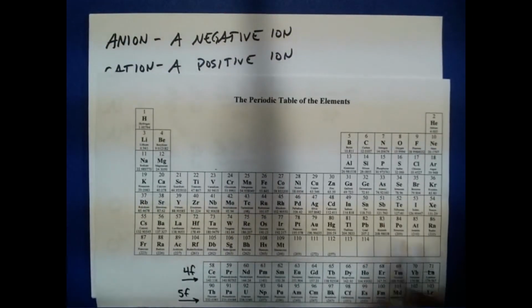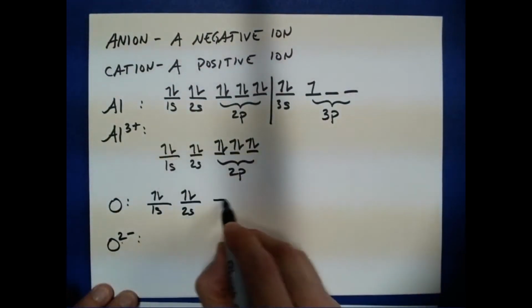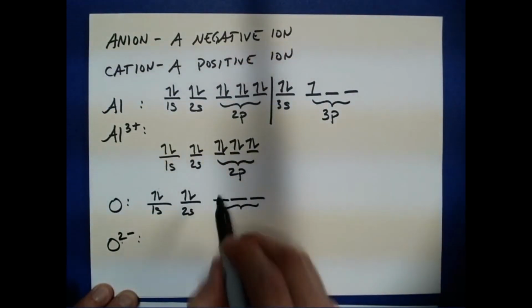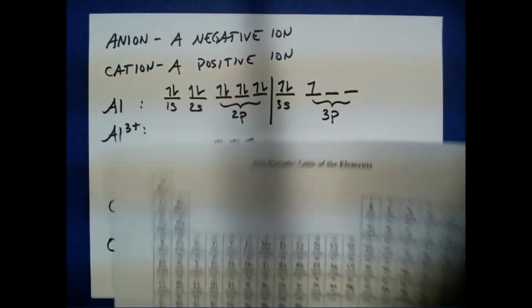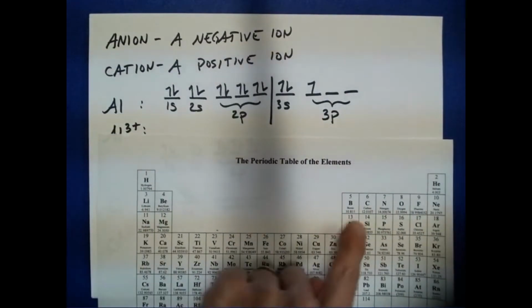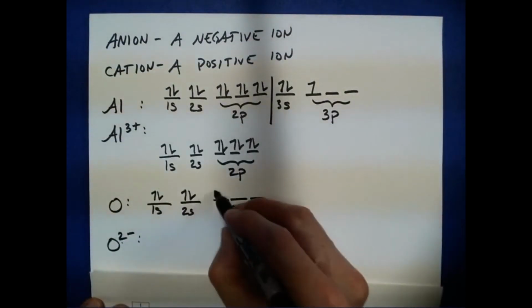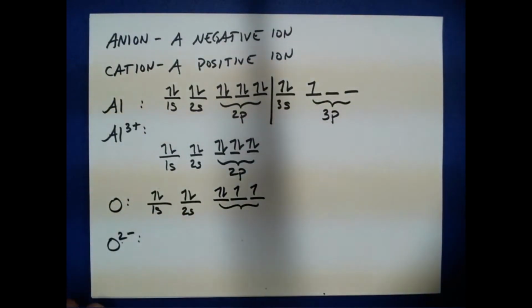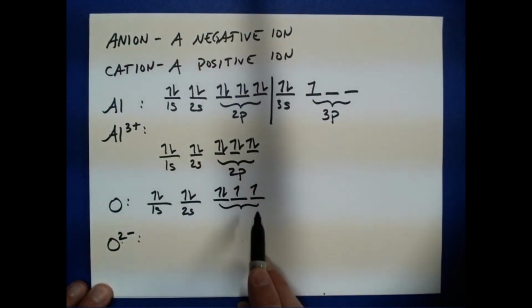How many are we going to need? 8. We're going to need 8 electrons total. I've got 4 in already. We're going to need the 2p. And so I'll put in, let's see, we've done hydrogen, helium, lithium, beryllium. Now we'll go across to here. Boron, carbon, nitrogen, oxygen. And this would be the electronic configuration for an oxygen atom.